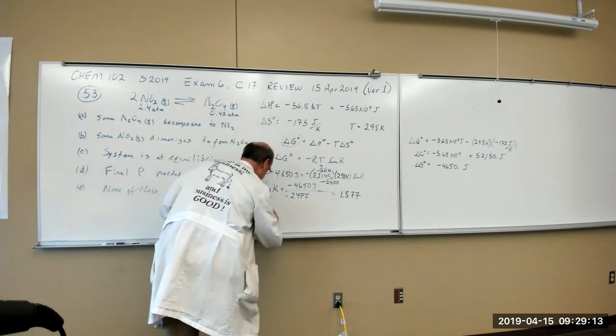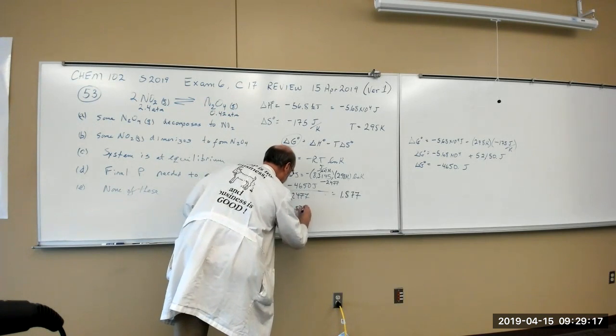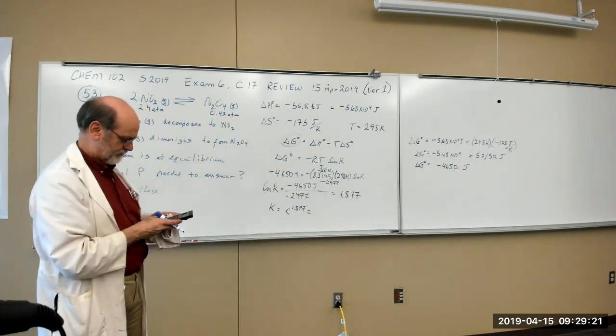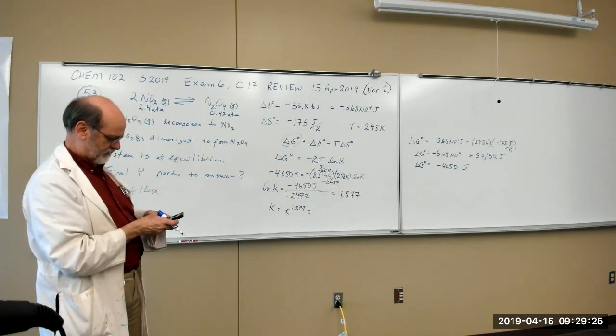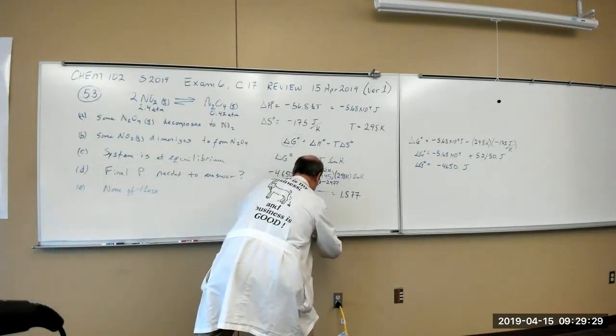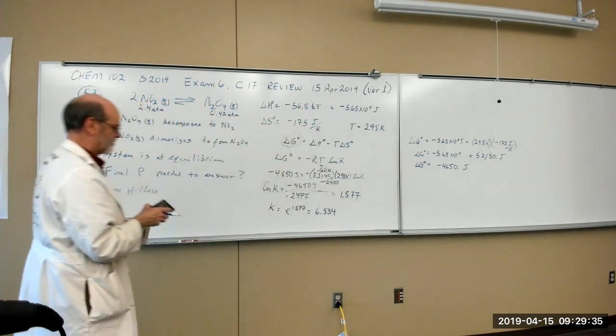And then K would be e to the 1.877. So we say this function of 1.877 equals 6.53.